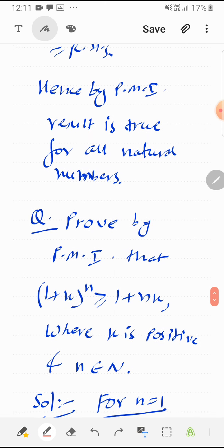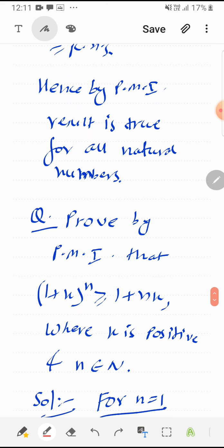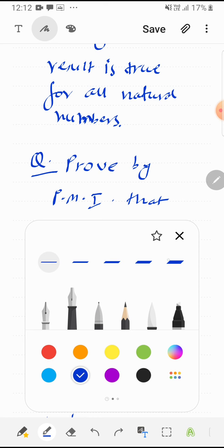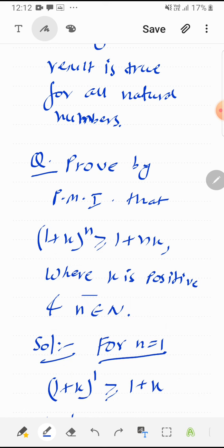Next, prove by PMI that 1 plus x whole raised to the power n is greater than or equal to 1 plus nx, where x is any positive integer and n belongs to natural numbers.